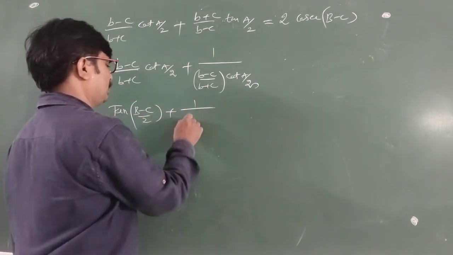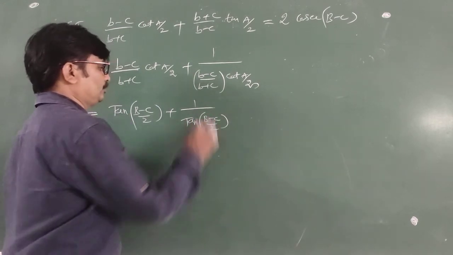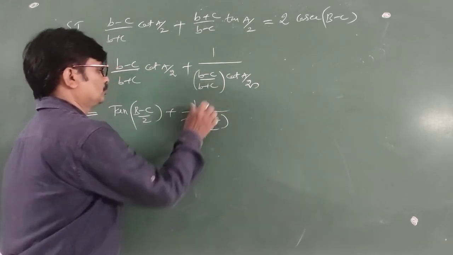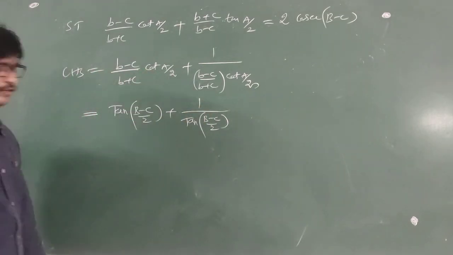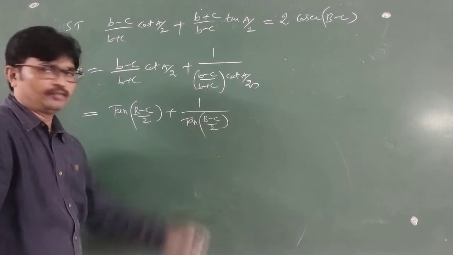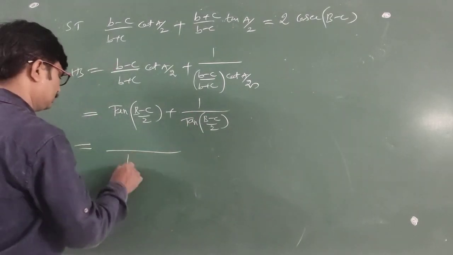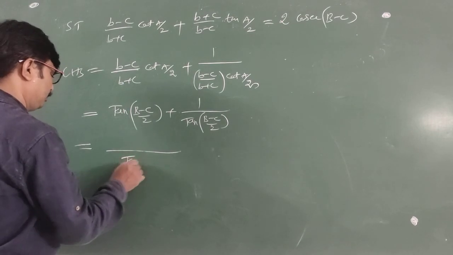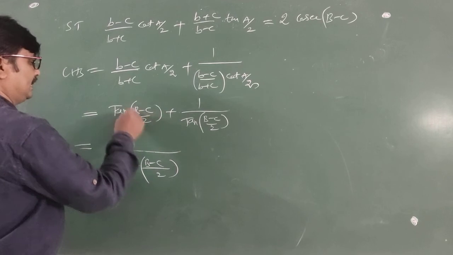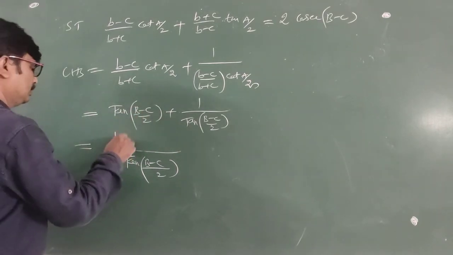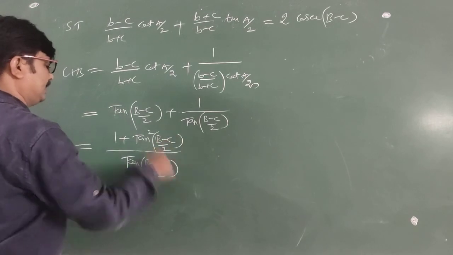This is also 1 plus 1 by tan of B minus C by 2. So my dear students, this is the formula of tan of B minus C by 2. So this can be written as tan of B minus C by 2, tan into tan square, 1 plus tan square B minus C by 2.